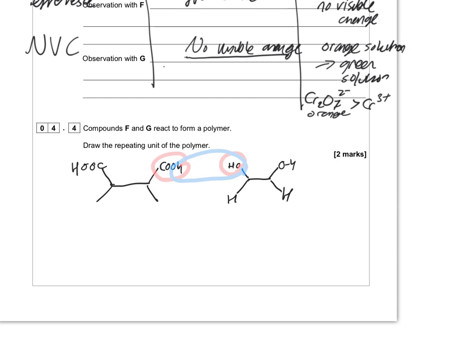So the repeating unit in this case, carbon skeleton has not changed at all. So it's C, double bond O, and the alcohol is O. And there's our ester link.